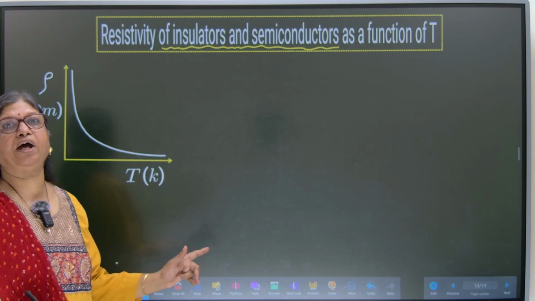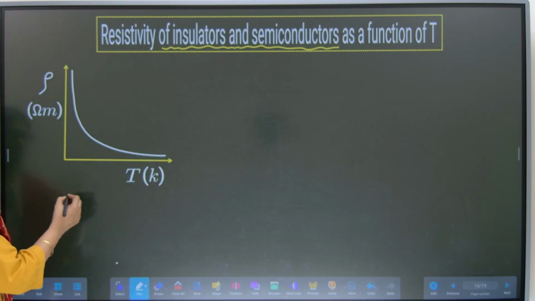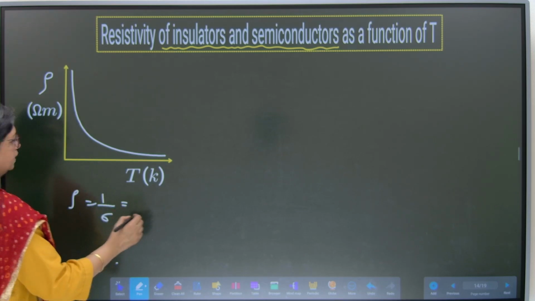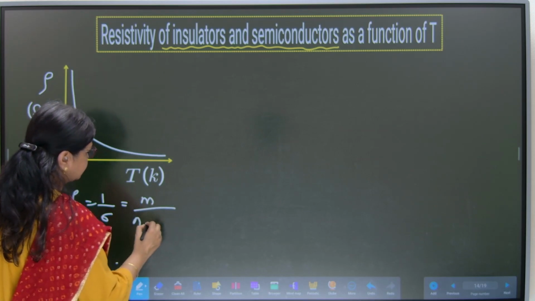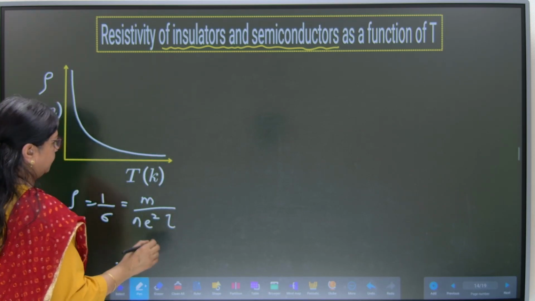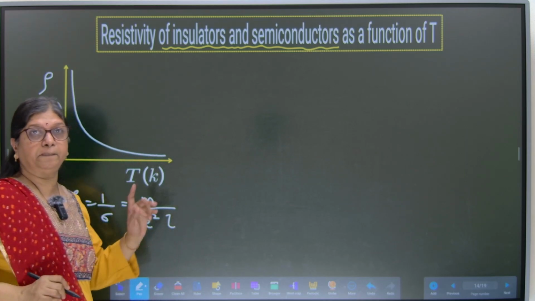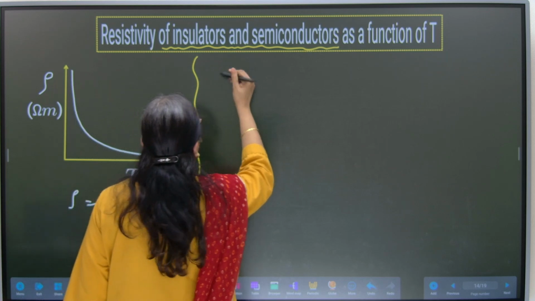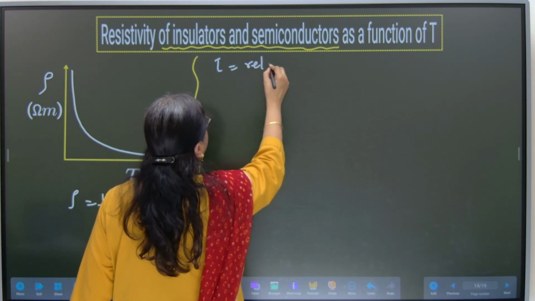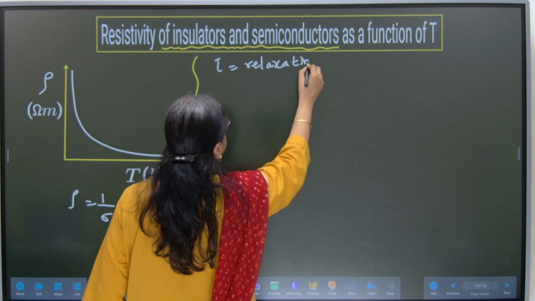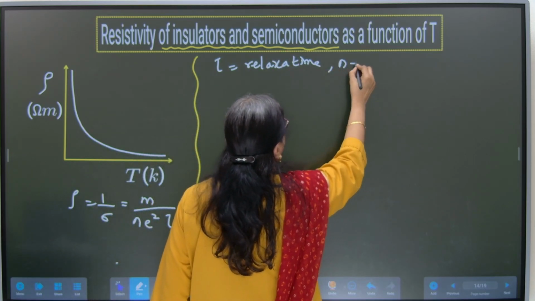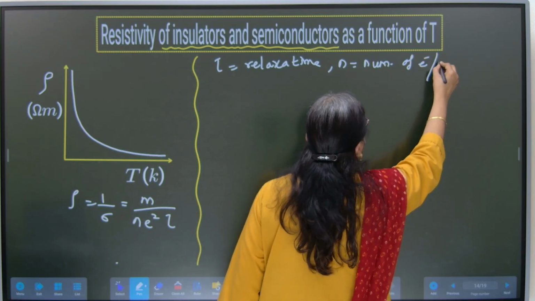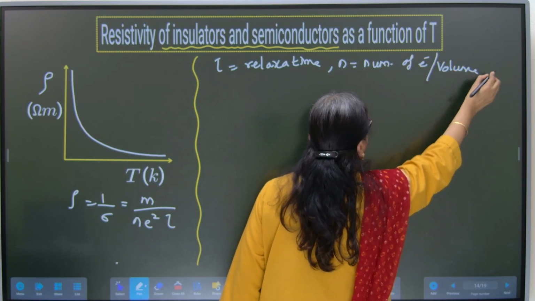Now let us justify this graph again using the formula rho is equal to 1 upon sigma is equal to m upon n e square tau, where m and e are the mass and the charge on the electron, tau is the relaxation time, and n is the number of electrons per unit volume of the material.